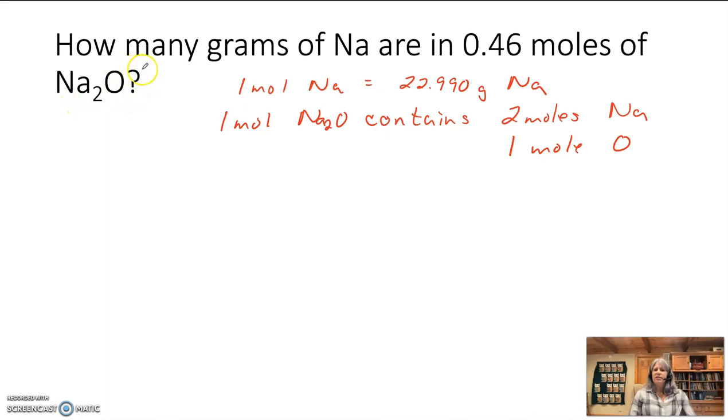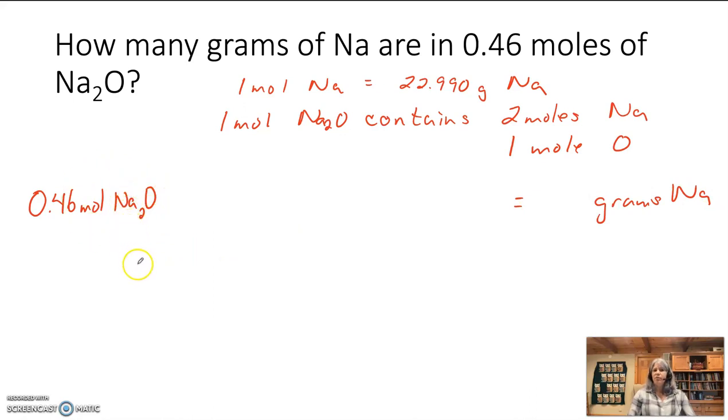Right, so the question is, how many grams of sodium are in 0.46 moles of sodium oxide? So we'll start with what we're given, 0.46 moles sodium oxide, Na2O. And we want to know how many grams of sodium we have in that sample. Okay, so we have moles of Na2O.